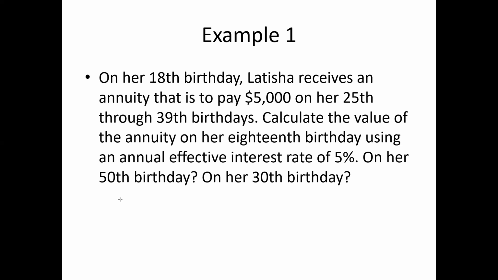I recommend you draw the timeline. It will make the problem easier to analyze, I think. So time 0 is her 18th birthday. And then we have the 25th birthday, so that should be 7.